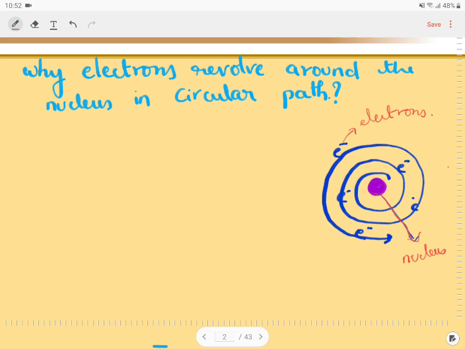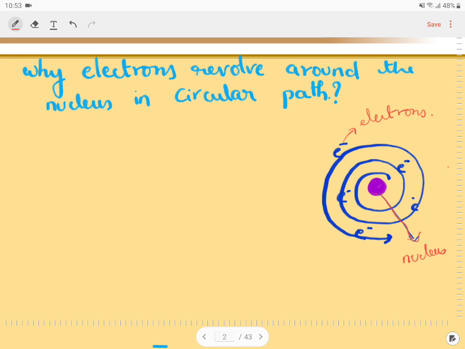So, around a sphere, what is the geometrical structure which will give you the most stable arrangement? It is nothing but the circular path. Only a circular path can satisfy the condition. So that's why he had an idea that the electrons are revolving around the nucleus in a circular path.